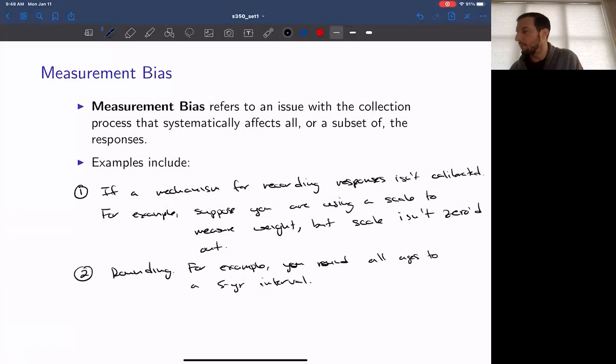The rounding error can occur, measurement bias can occur based off of rounding. This is kind of a naive or sort of ridiculous example where you're taking age and rounding it to a 5-year interval, so you only have 0, 5, 10, 15, for example. But it could also occur if you wanted to give a precise measurement of age and you started rounding to the year. Depending on the situation, this could also create issues because age is something that can be measured very precisely.